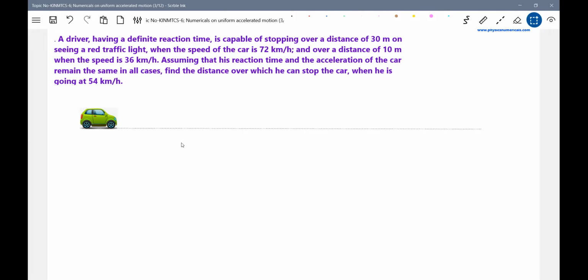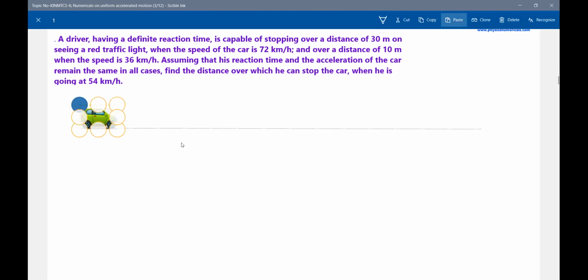That is called a reaction time, to press that brake pedal. So it will take some time. That's called reaction time. During that time, the car will continue to move with a constant speed. So here, where has the car gone? Then finally it will undergo retardation, and it comes to rest here.